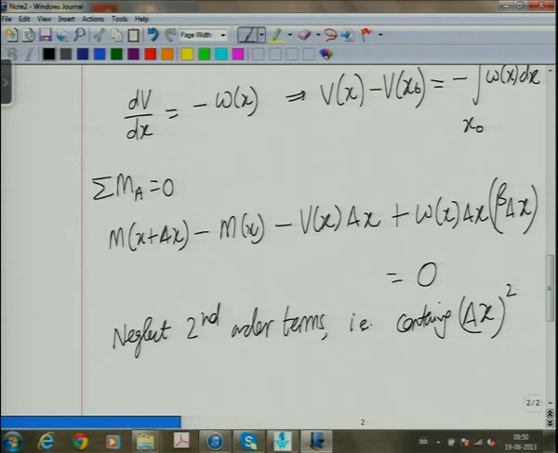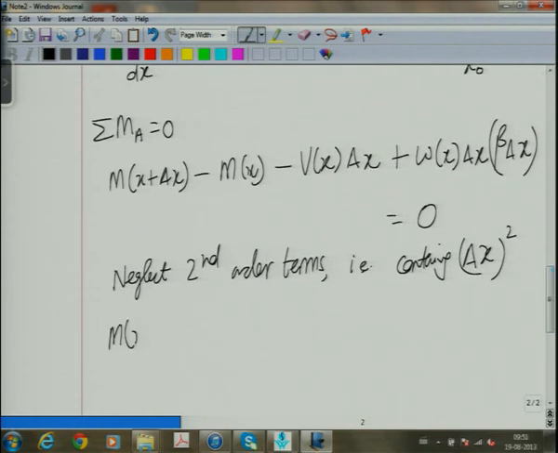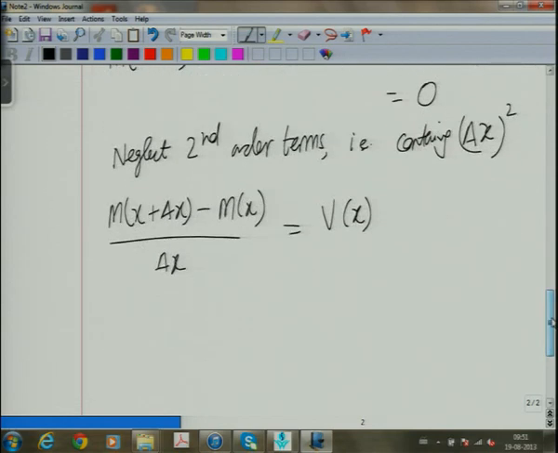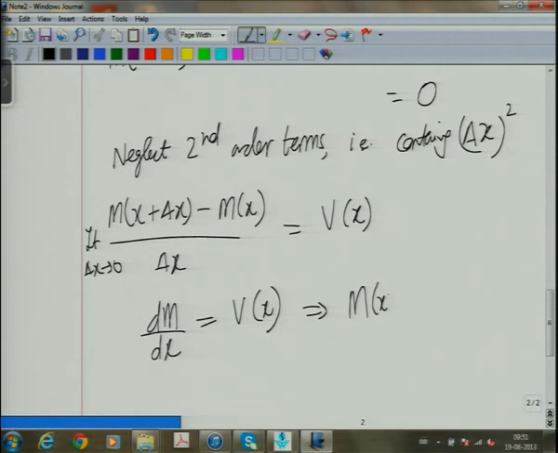Therefore we are neglecting second order terms containing delta x square. So finally we will have m of x plus delta x minus m of x, divided by delta x, is equal to v of x, and this gives me, in the limit delta x going to 0, what we have got, and from here we can get the moment at x.